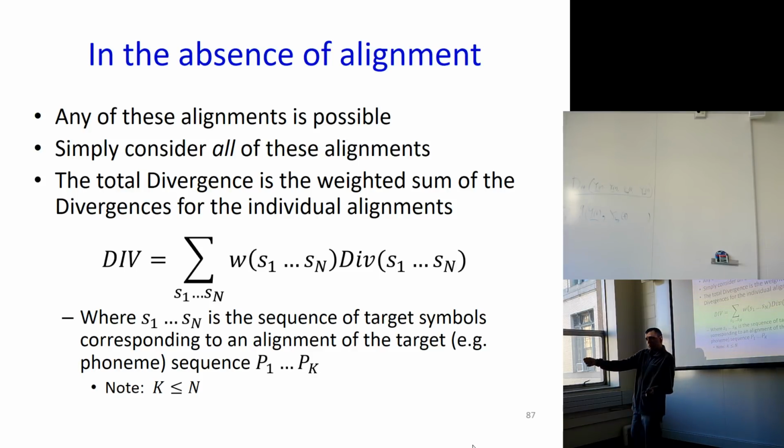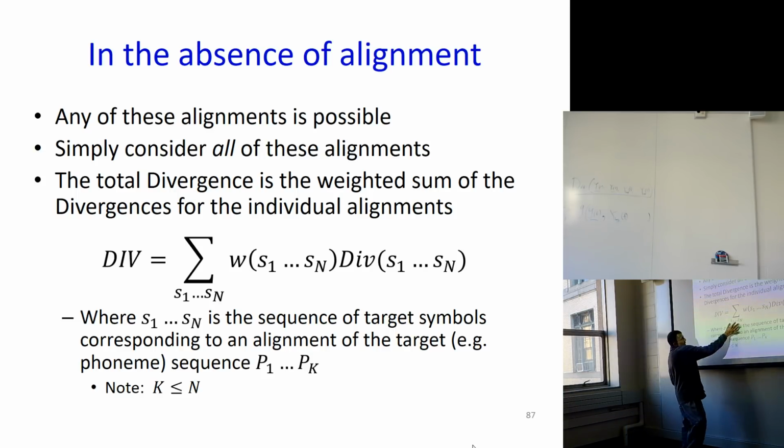So if I have n possible outputs, the high-level sequence is going to have k symbols in it, where k is less than or equal to n. Can't be greater than n. So I have many ways of expanding these k symbols into n by repeating things.